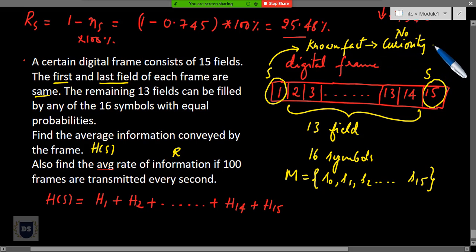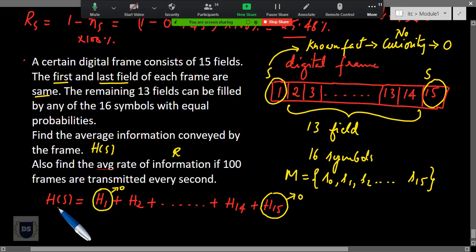When there is no curiosity involved, the information conveyed by this will be equal to 0, and because the information conveyed by these two fields is equal to 0, what I can think is, out of this H of S expression, H1 as well as H15 are straight away equal to 0.